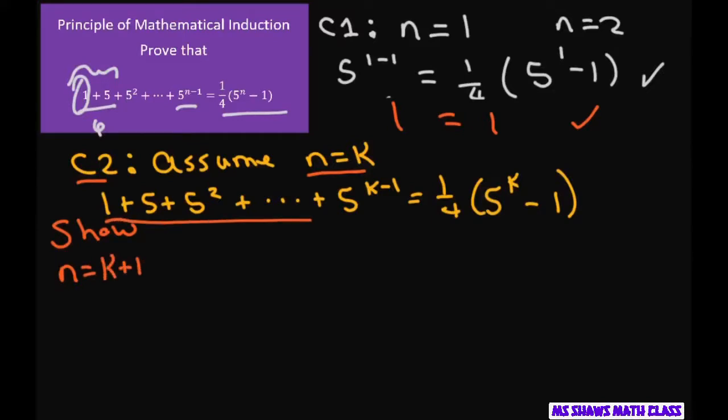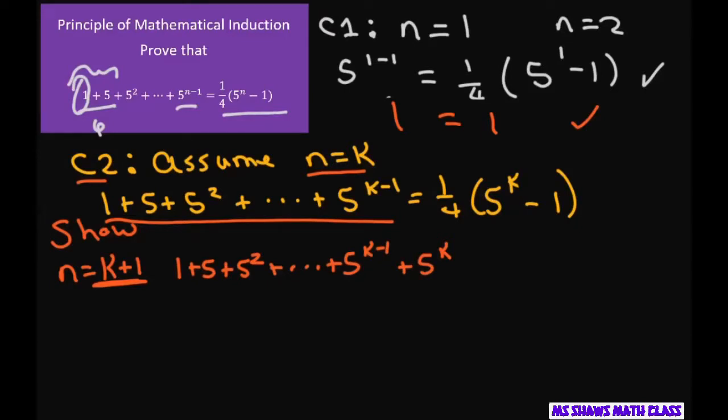So copy this down, and you're going to get 1 plus 5 plus 5 squared plus dot dot dot plus 5 to the k minus 1. And your next term is going to be 5 to the k. All right?